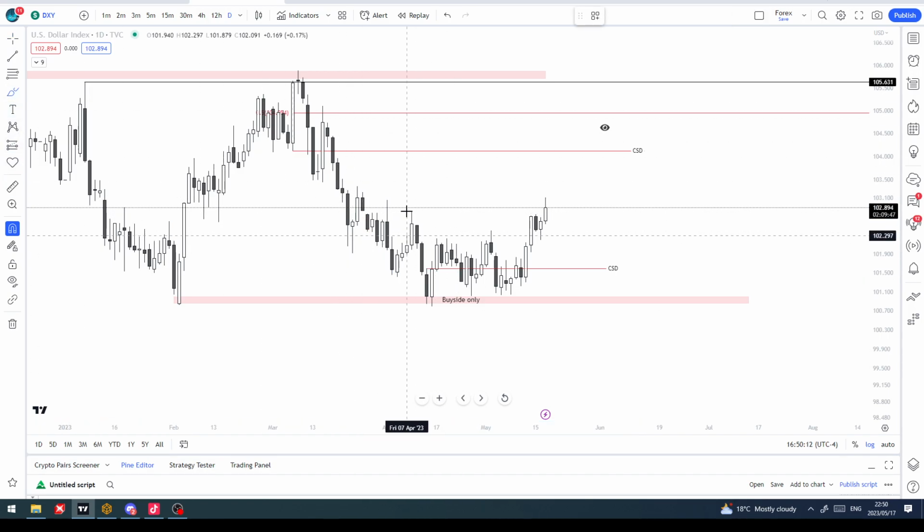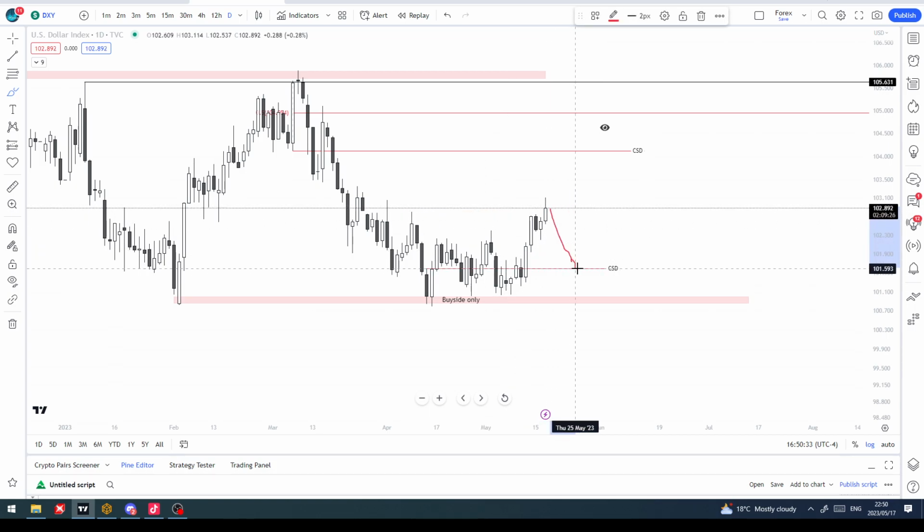Which means, in a technical sense, or as an ICT student, you would have looked at this high being broken to give you market structure shift, right? So DXY is not bearish at this point, which means retracements back to the CSD candle or the fair value gap in here.